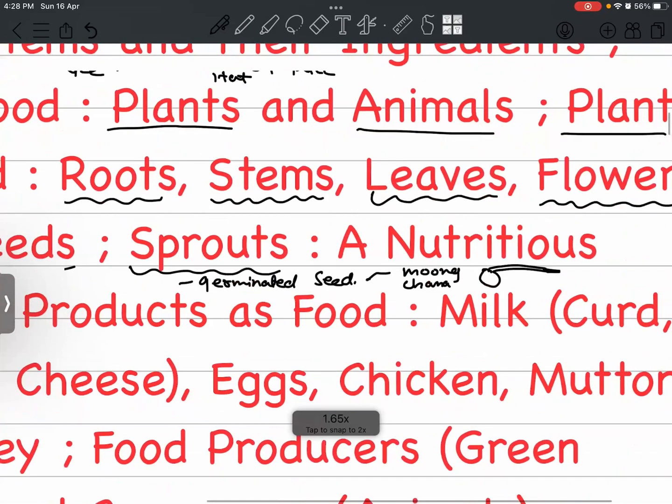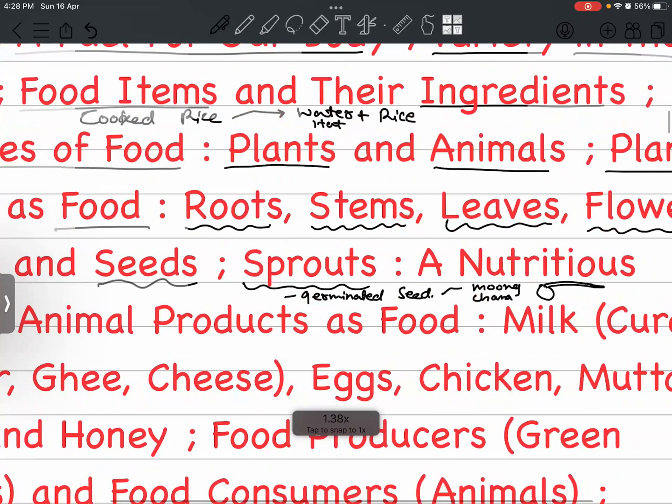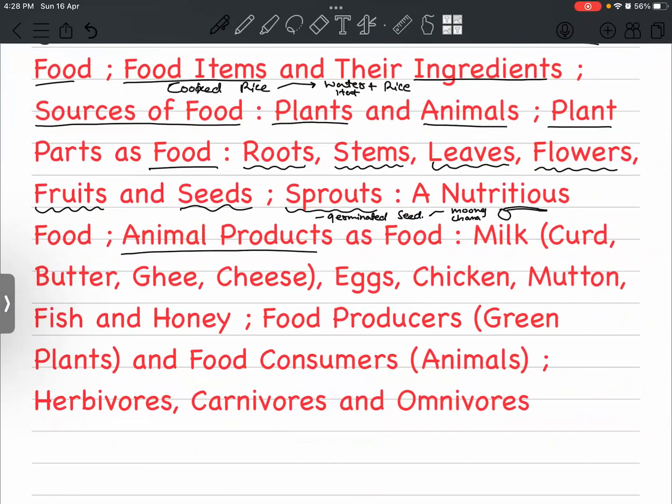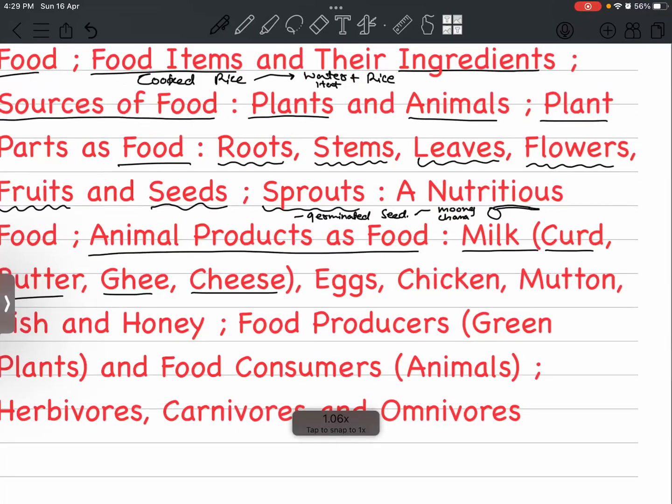Later on we will also talk about the nutritious food which we consume. What are the animal products which we consume? That is milk. From milk, different things are made like curd, butter, ghee, and cheese. Curd is not rich in fungus.